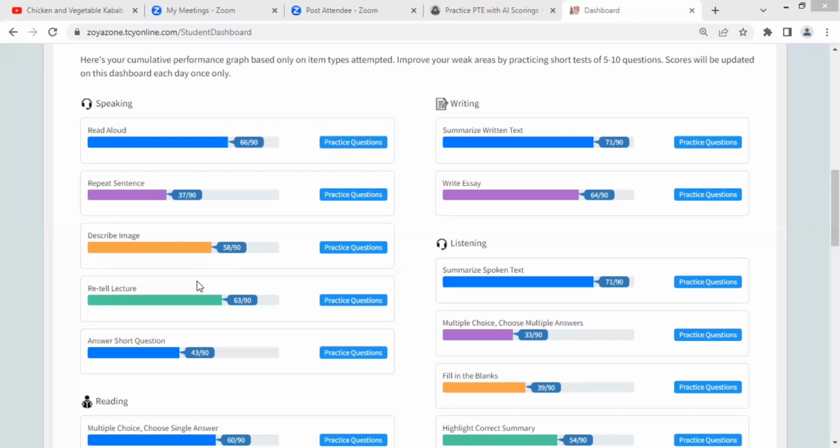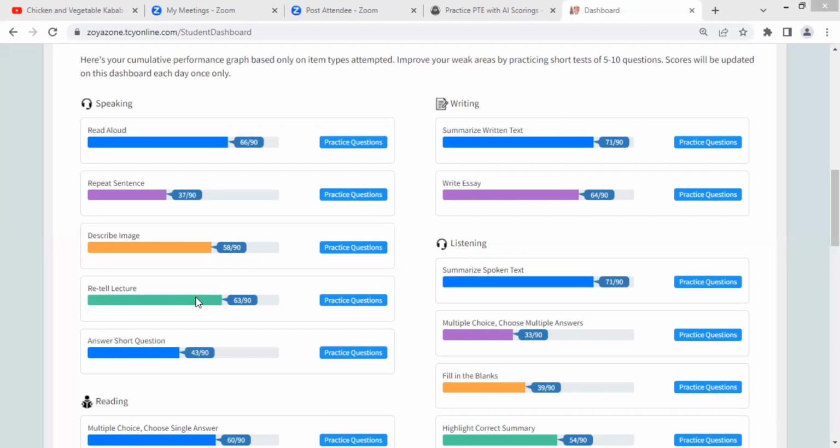So next question, retell lecture. Retell means there is already a lecture, and we just have to tell it again. We just have to listen to the audio. The audio will be from 50 or 55 seconds to 1 minute and 15 seconds, so 75 seconds maximum, and 50 seconds minimum.